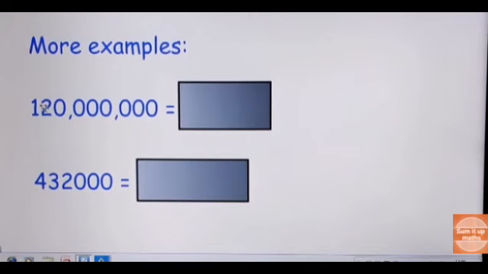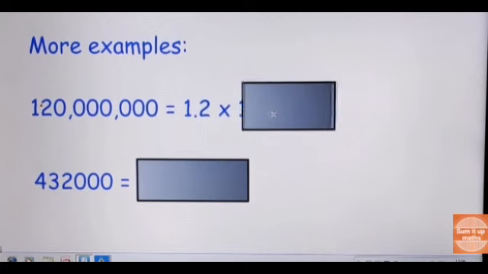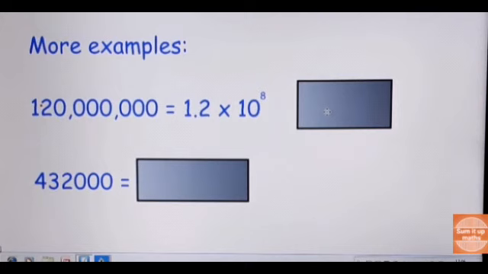And it goes 1, 2, 3, 4, 5, 6, 7, 8 times. So there's my number, 1.2 times 10 to the 8. It's actually had to move 8 times. It's 10 to the power 8.